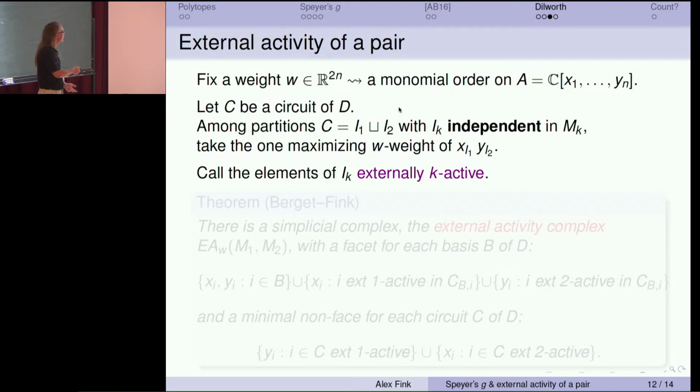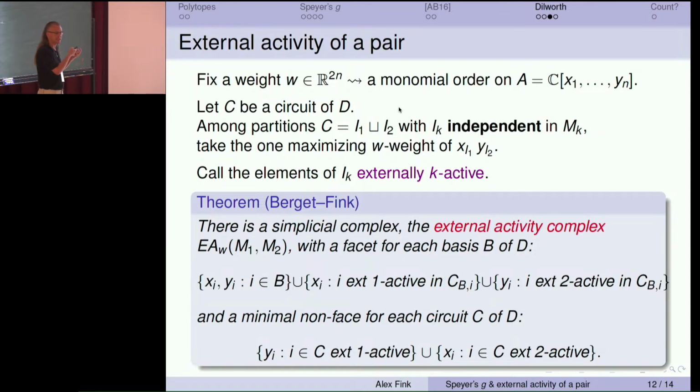And the first sign that this is a sensibly behaved notion is that you still have the duality between colored circuits and colored bases. The simplicial complex, whose minimal non-faces are the colored circuits, has colored bases as its maximal faces, where now we call this coloring the generalization of basis activity, except it's not in or out so much, it's just like, is it M1 or M2 it belongs to, like the X colors or the Y colors, so we just called them 1 active or 2 active.